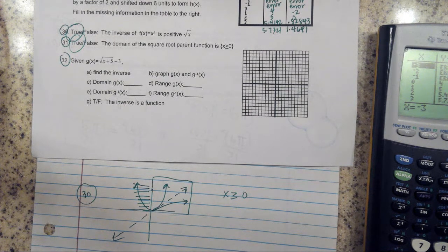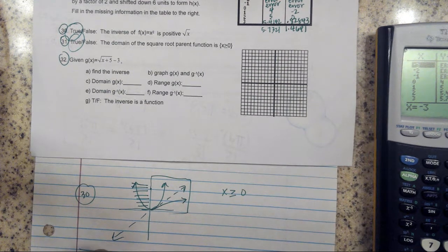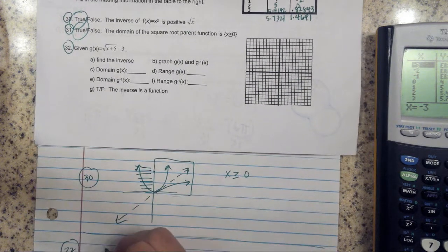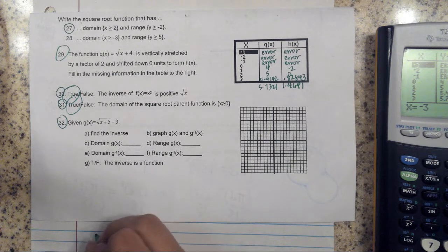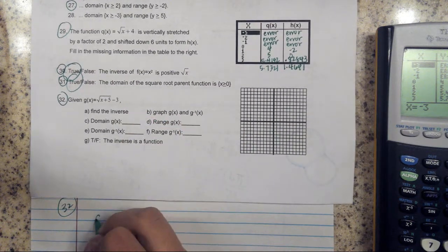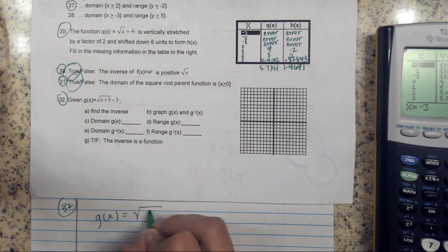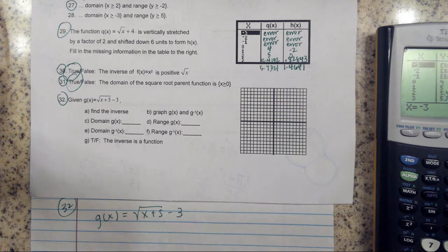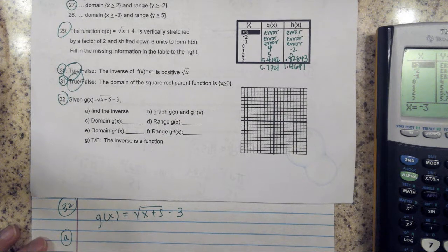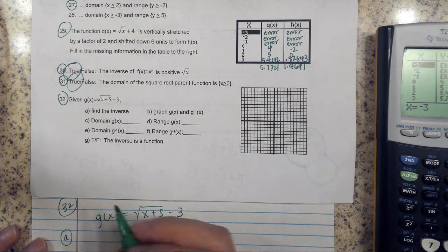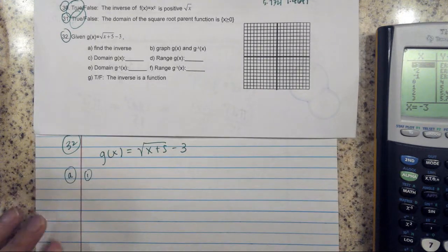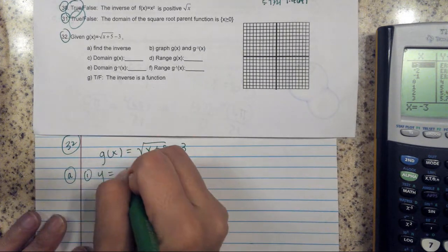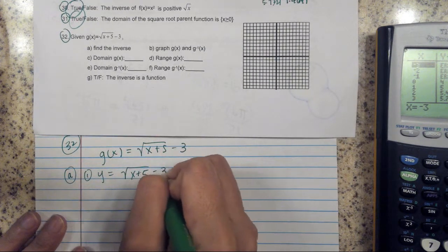Alright, so let's look at number 32. We have g of x equals the square root of x plus 5 minus 3. Part A, it says find the inverse, so that's the 4-step problem. Step number 1, you're going to change this to y equals the square root of x plus 5 minus 3.